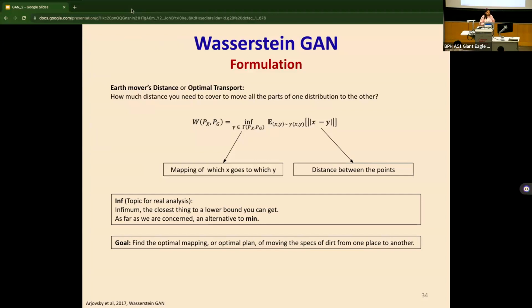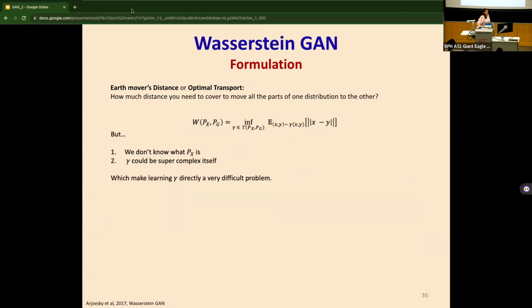The goal is to find the optimal mapping gamma, so that we minimize the distance of moving those points from one distribution to another, okay? Infimum is not exactly similar to minimum, but as a notion, we can think of it that way. What this is actually doing is returning the function that minimizes this particular expression, the Wasserstein distance.